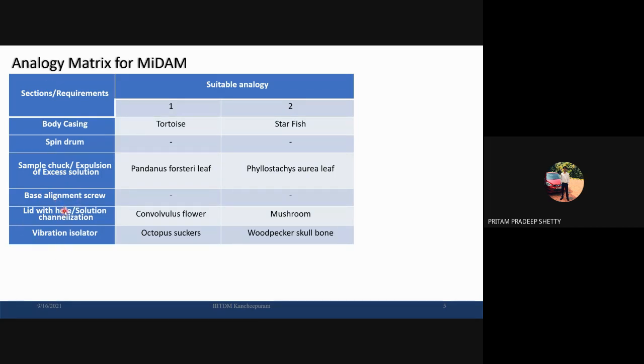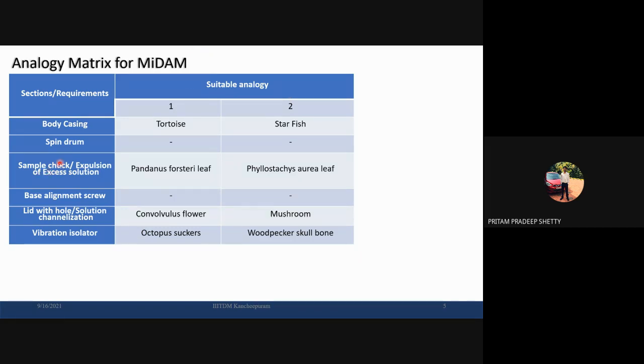So you can chart it out in one column. Then suitable bio-inspirational analogies you will list out. For each requirement or section, I considered two inspirations, and whichever inspiration I found better in terms of functional aspects, I considered them. So like that, you have to chart out your bio inspiration in the form of a table.